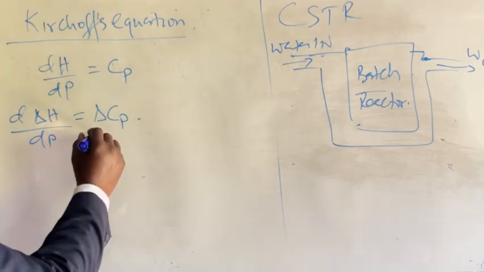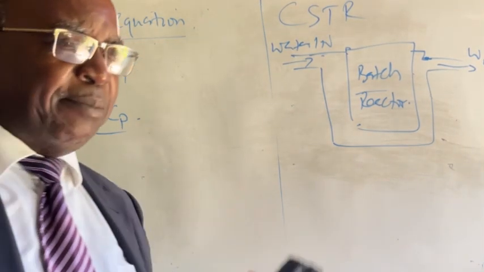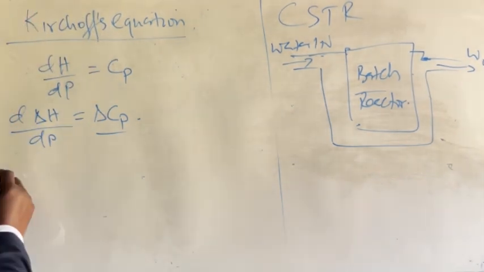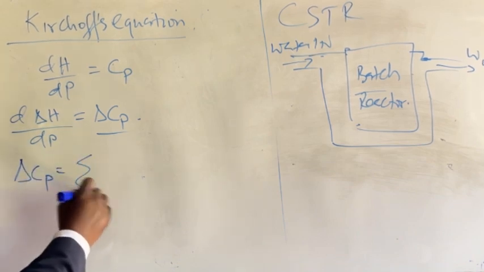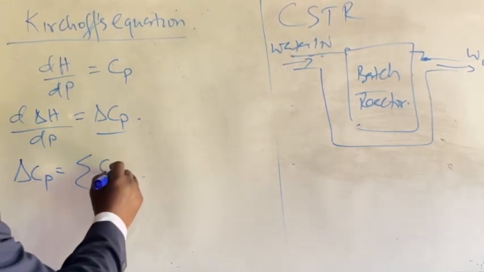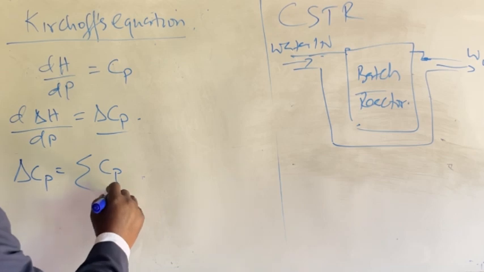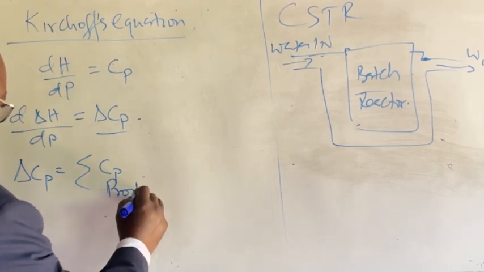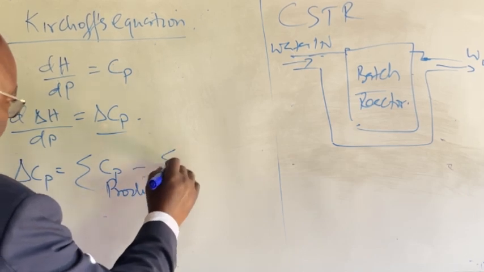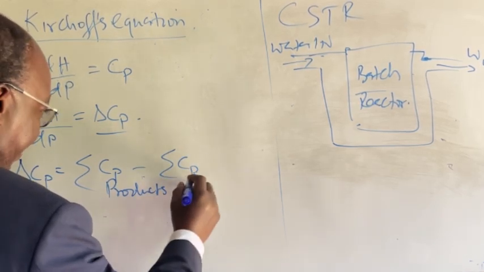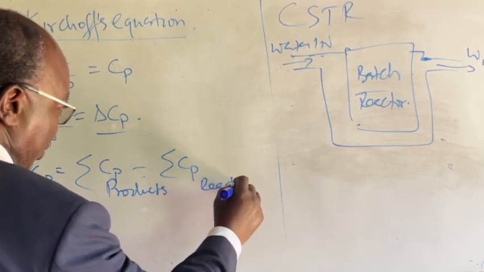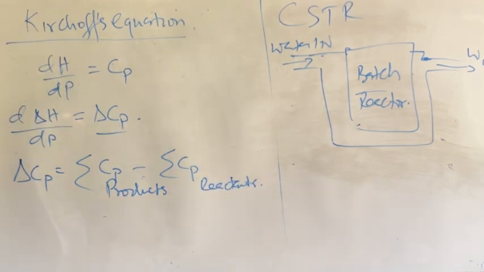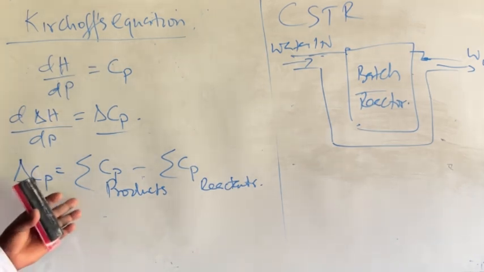Now, that delta Cp should not scare you. It's the same thing, just like delta H. Delta Cp is simply the sum of the heat capacities of the products minus that of the reactants, just like we did with the enthalpies. So you sum the heat capacities of the products, subtract that of the reactants, that gives you delta Cp. And then you plug it in there, and you should get a value.